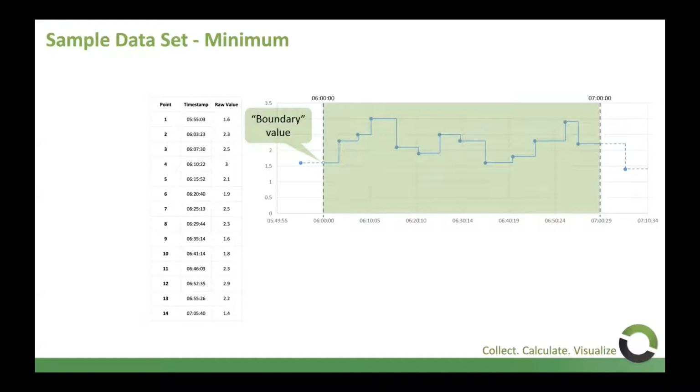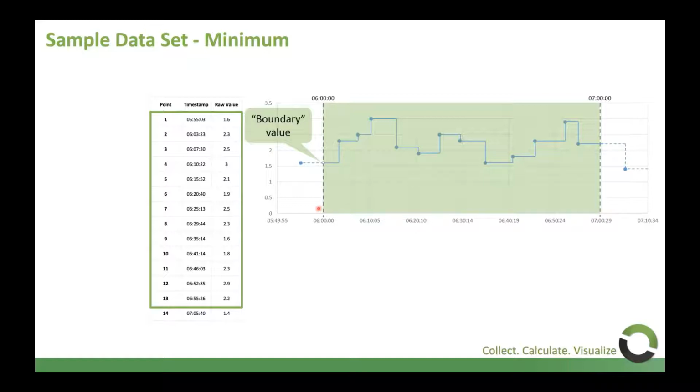Now, this is quite simple. Obviously, it's exactly what we say. It's the minimum value that's been historized or that's in my data source for that hour. But very importantly, the minimum aggregation will include the boundary value. So that means this value that's outside of the window, the 6 o'clock window, will be used as part of the evaluation to determine what the minimum value is. Okay.